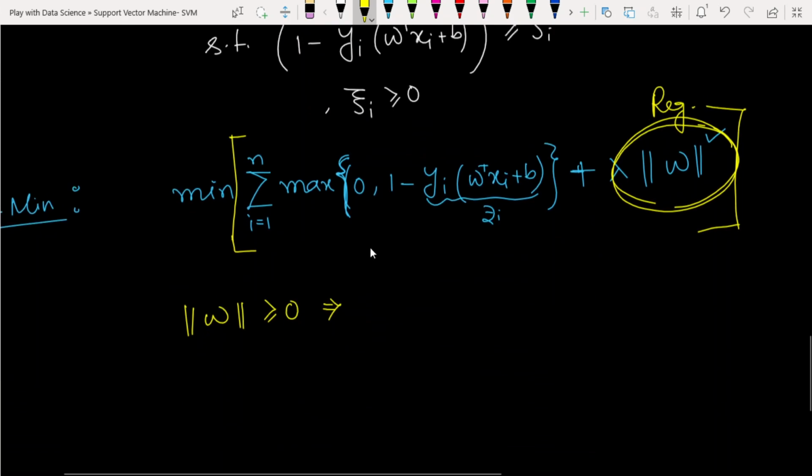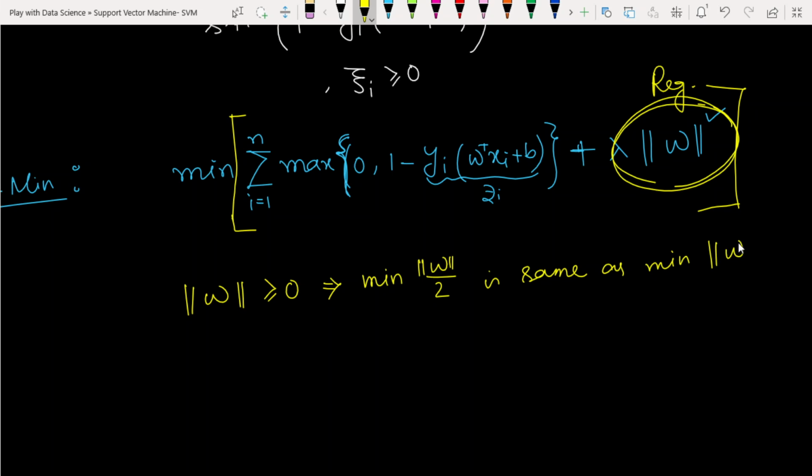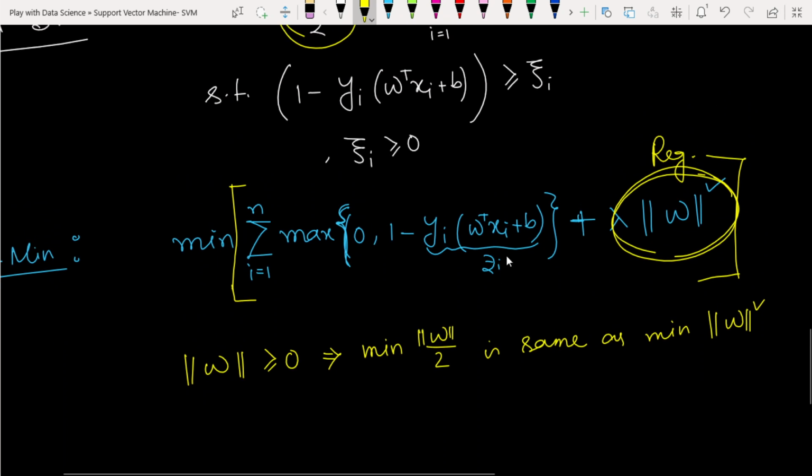This is the weight vector we are interested in finding, and minimizing norm of w is the same as minimizing the norm squared. Both are the same.